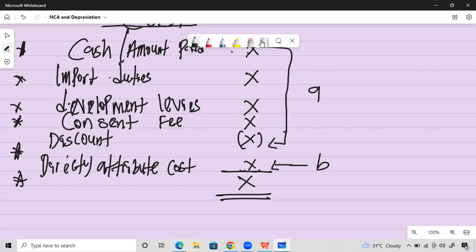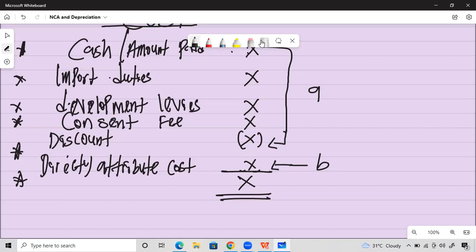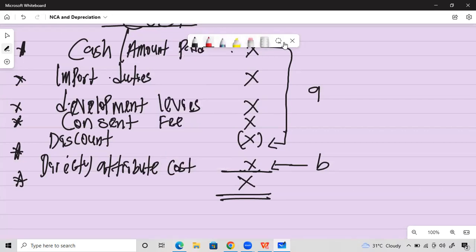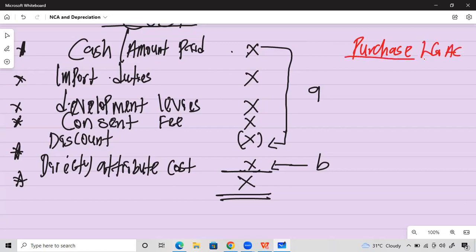Let's say, for example, a purchase of an AC, an air conditioner. You purchase an LG AC. Let's say the amount paid is 200,000.